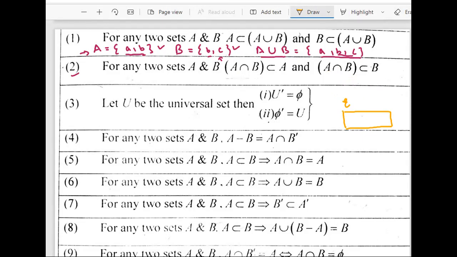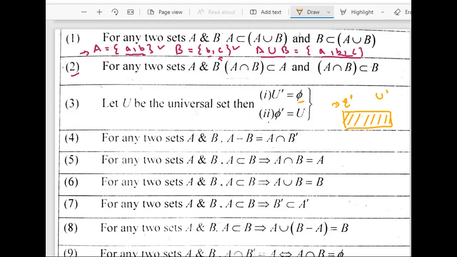Everything in the universal set except the universal set, right? So all this region is the region of the universal set, and in this complement we will have the null set because there is no region in the universal set other than the universal set, right?